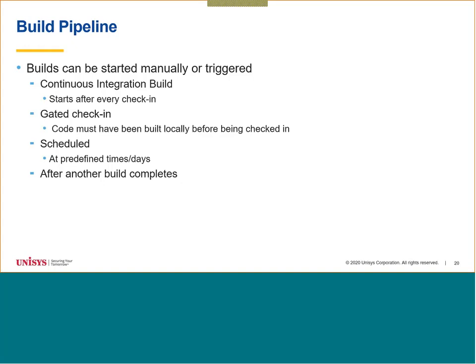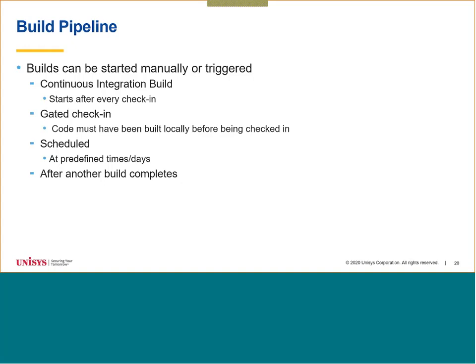If you want to force a build every time we do a check-in to make sure it still compiles, that's fine. The other variation on that is a gated check-in, which basically says you must have built it locally before you check it in. So the developer must have built the system locally on his machine before it can be checked in.